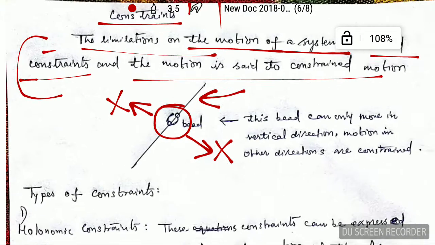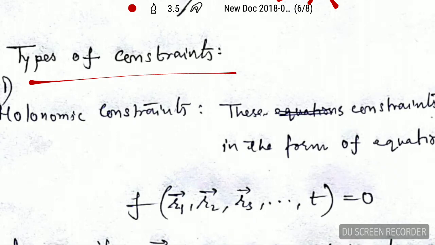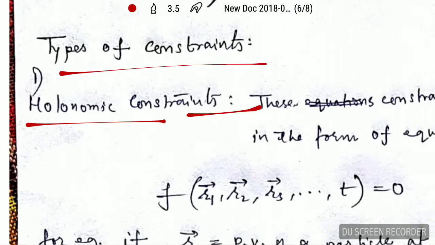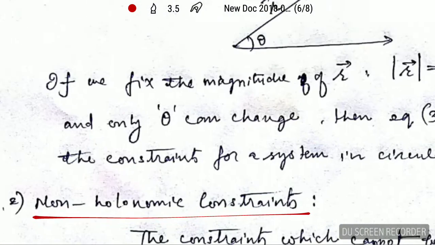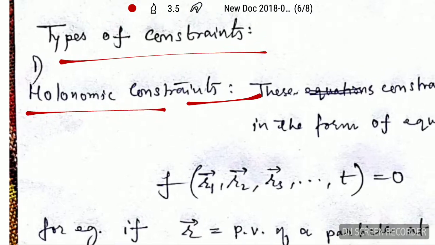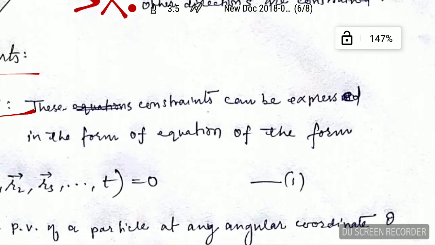Now we will read about the types of constraints. There are two important types of constraints. One is the holonomic and the other is the non-holonomic. Of course there are several other types of constraints also, but we will read only these types.